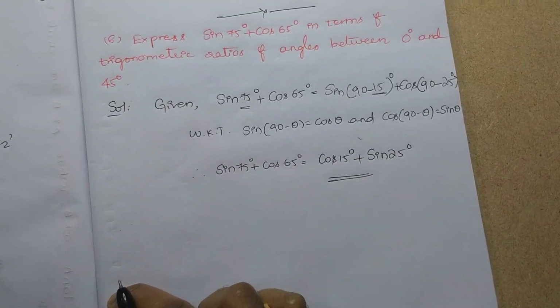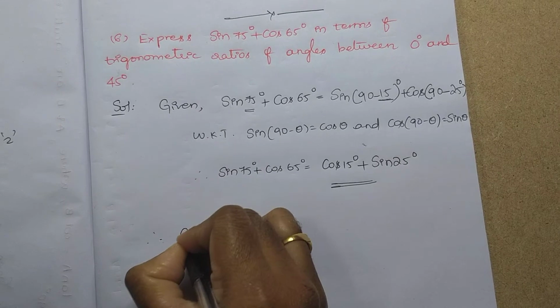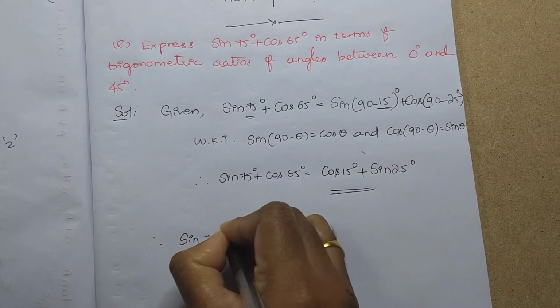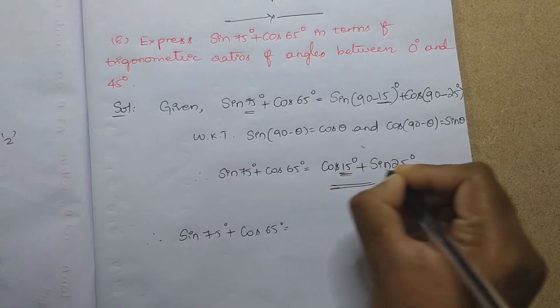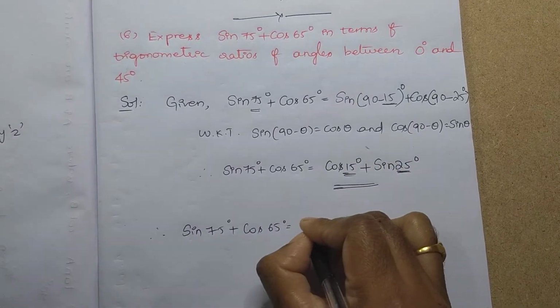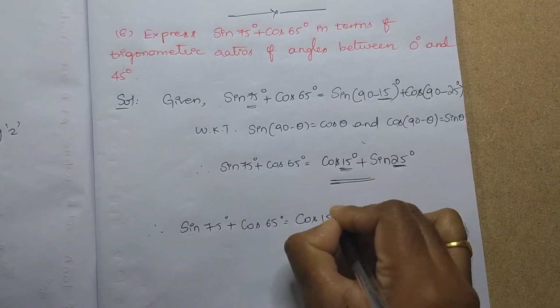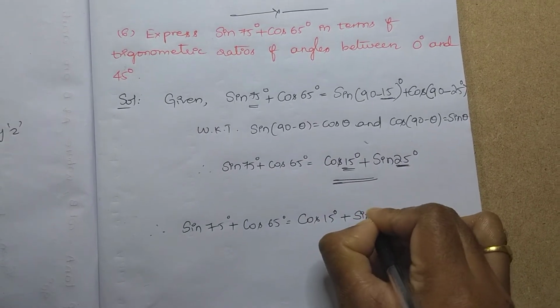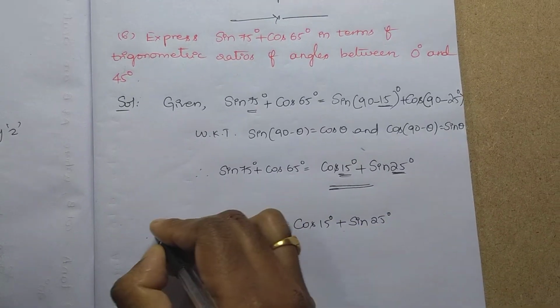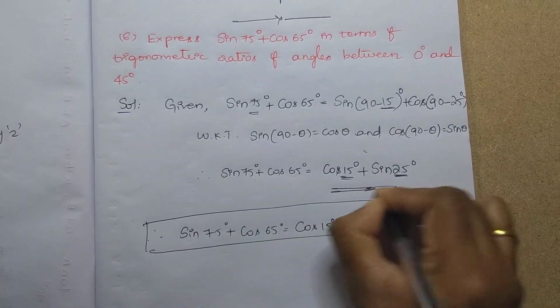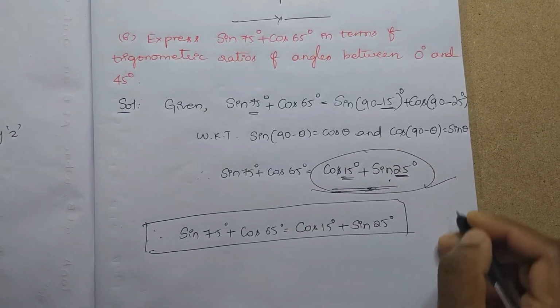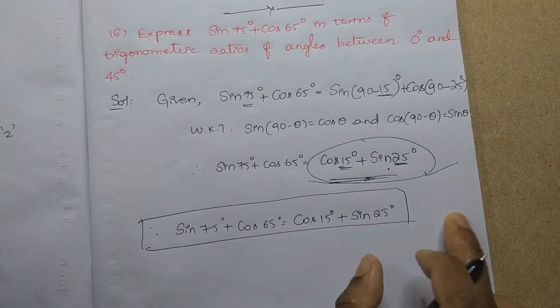Since here the angles have to be less than 45 degrees, it is expressed in terms of angles lying between 0 degrees and 45 degrees. So the answer is this. Put it in a bracket. So this is the solution.